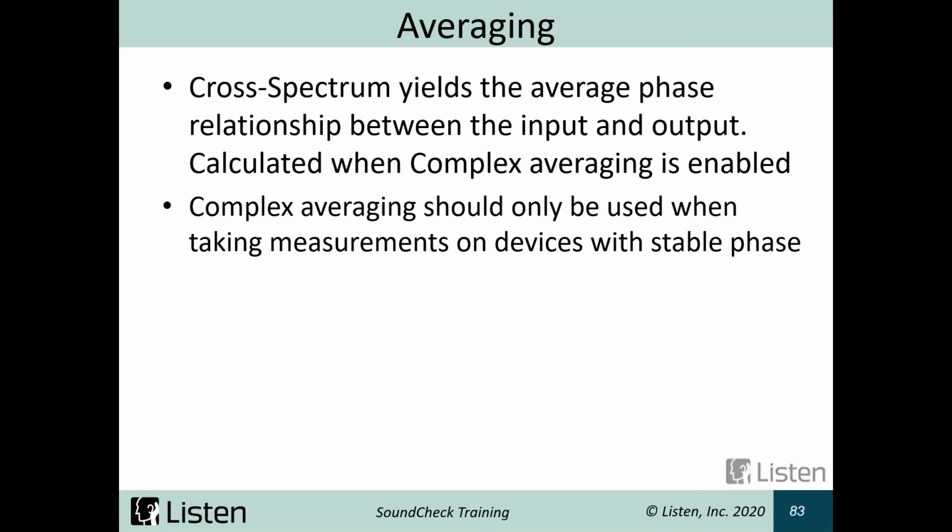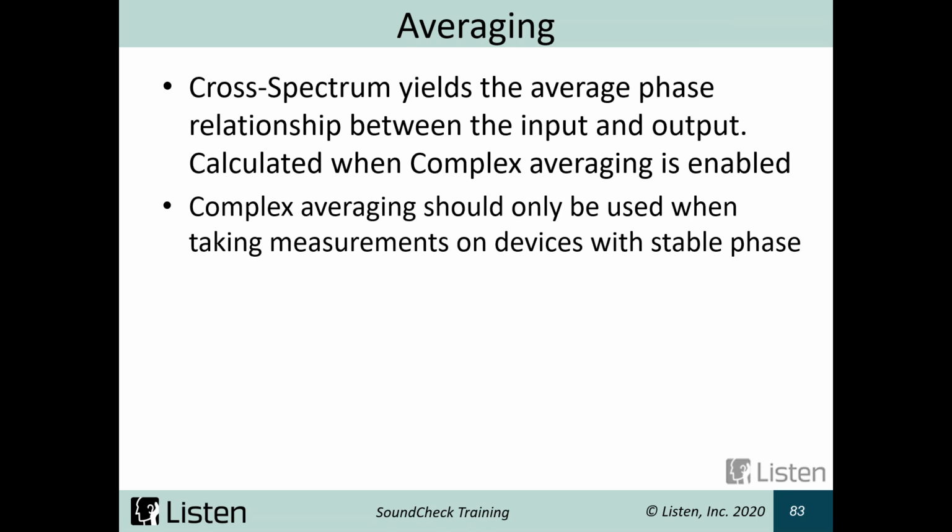We have the option in FFT-RTA, but we're forced to use power averaging because complex averaging is specific to only transfer function. But we can switch from complex to power if we don't have stable phase.